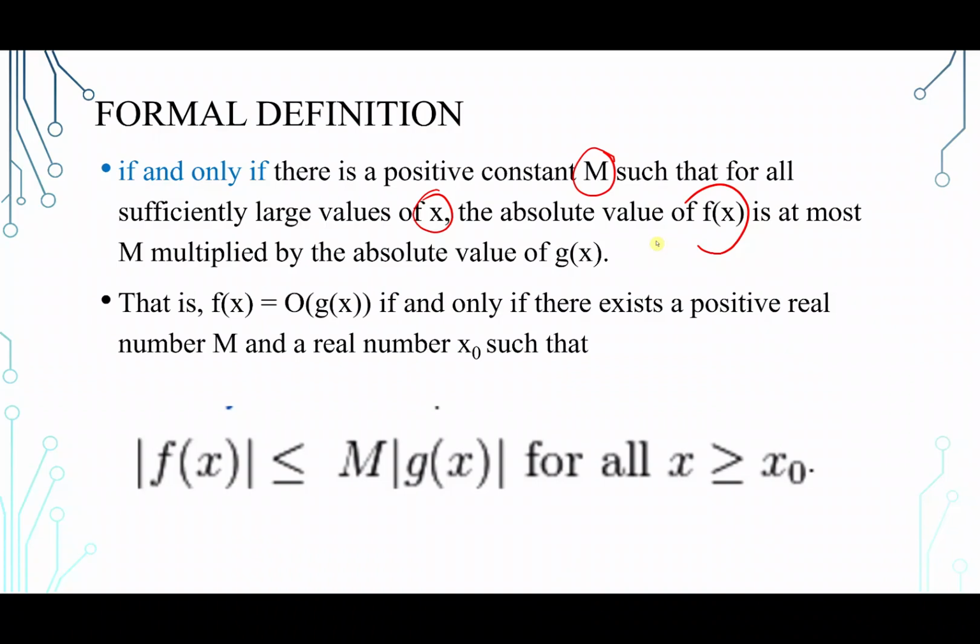That is, f(x) equals Big O of g(x) if and only if there exists a positive real number m, this is the factor, and a real number x0 such that the absolute value of f(x) is less than or equal to m multiplied by the absolute value of g(x) for all x greater than or equal to x0. We are going to explain that thoroughly today.